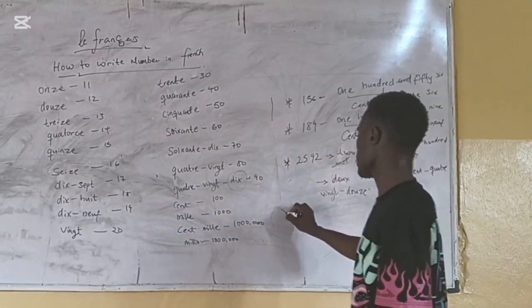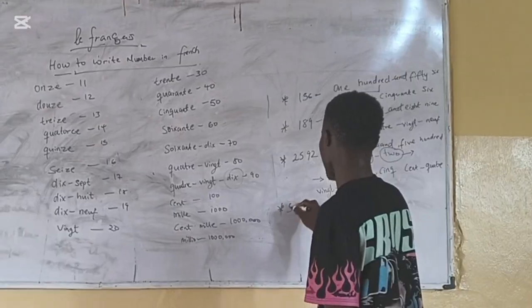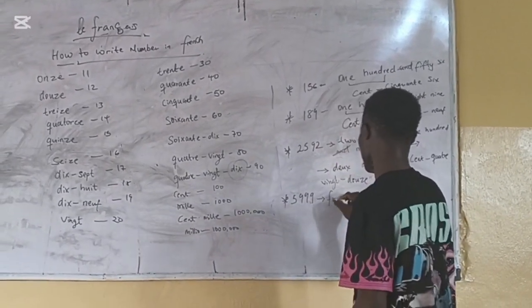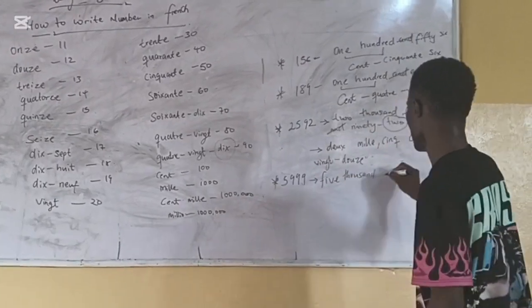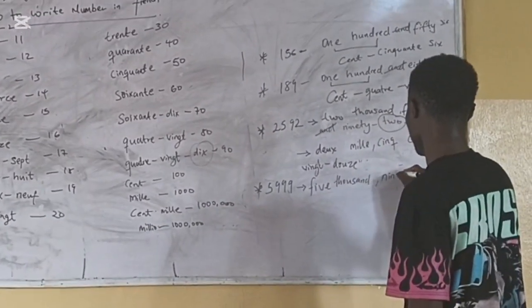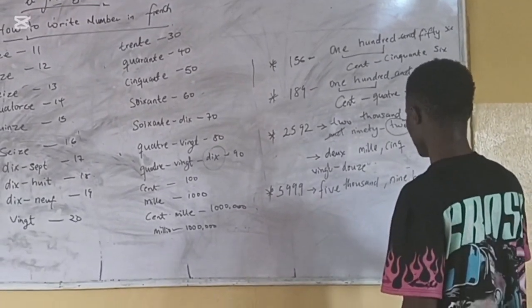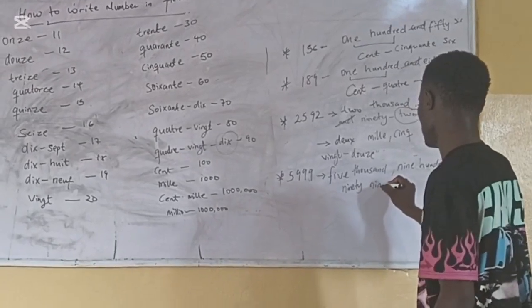So then, I'll give you guys another one, so that if it was a bigger number like 5999, then you translate it 5,000, okay, 900, 5,900 and 99.